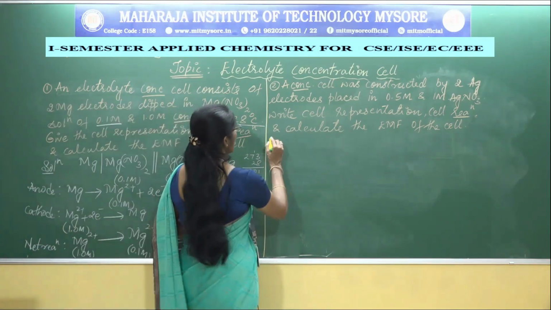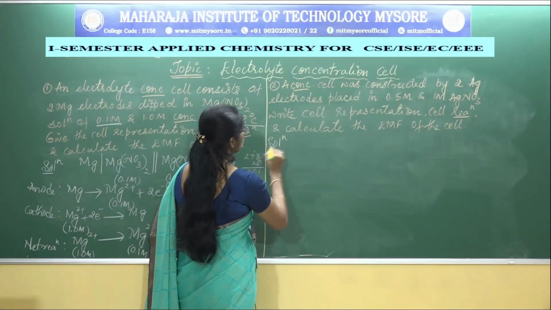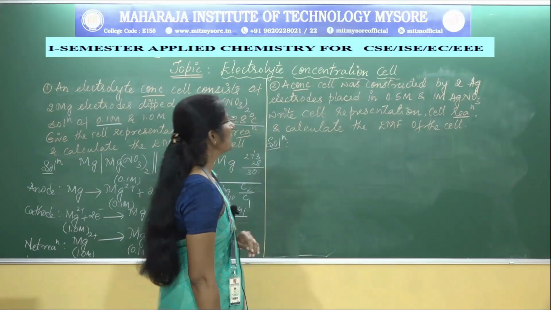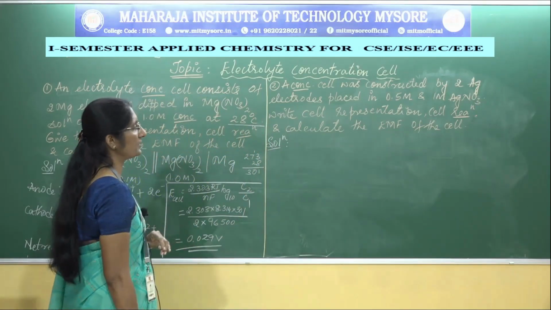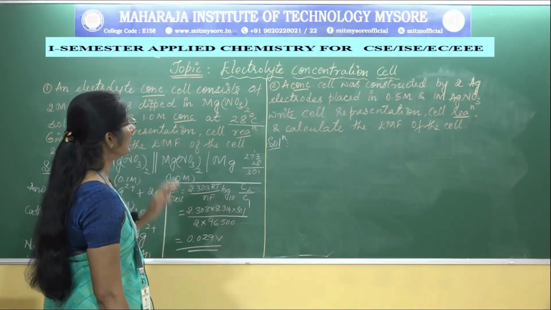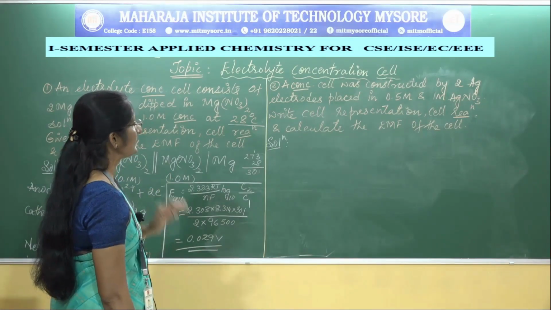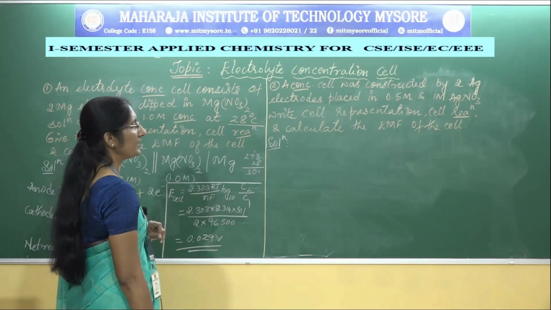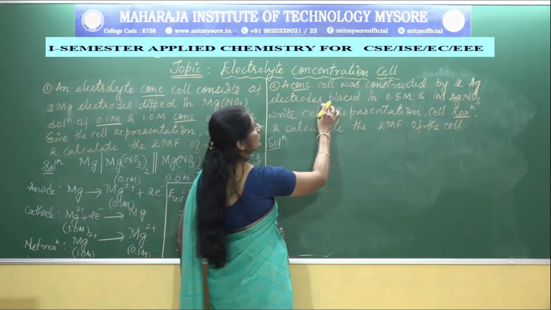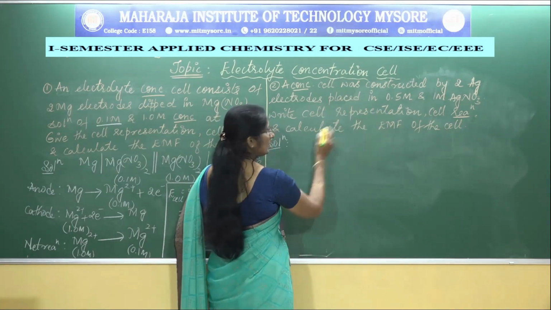Next, move to the second problem. Read the problem. A concentration cell was constructed by two silver electrodes placed in 0.5 molar and 1 molar silver nitrate solutions. Write the cell representation, cell reaction and calculate the EMF of the cell. First we have to represent the cell. Here both the electrodes are made up of silver metal.